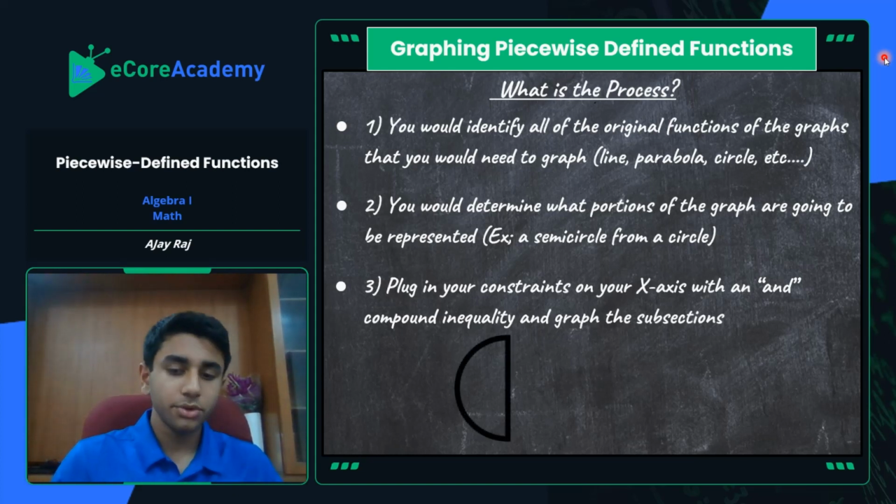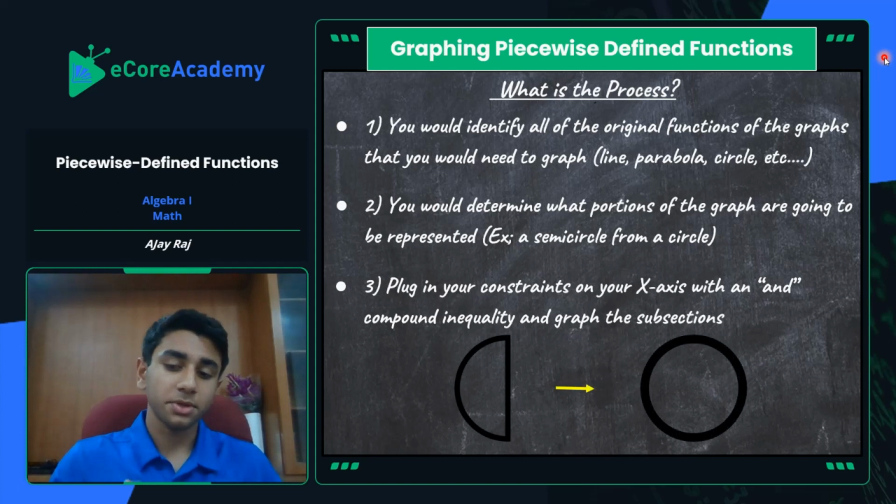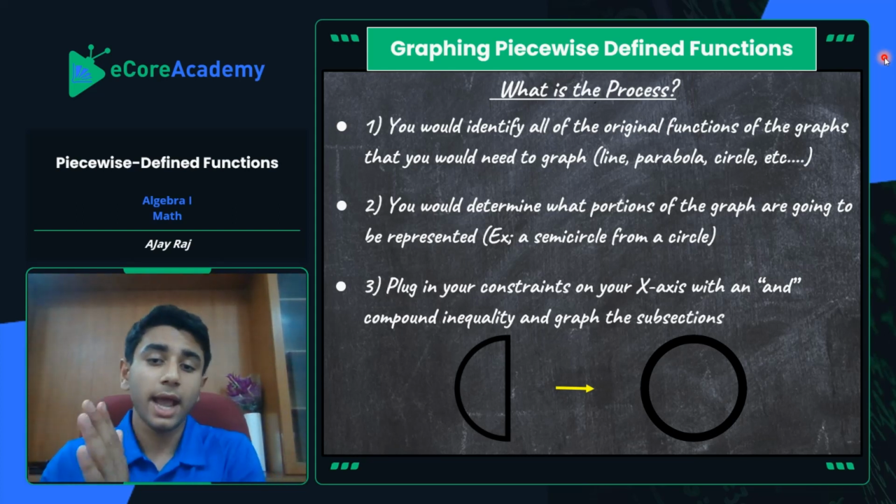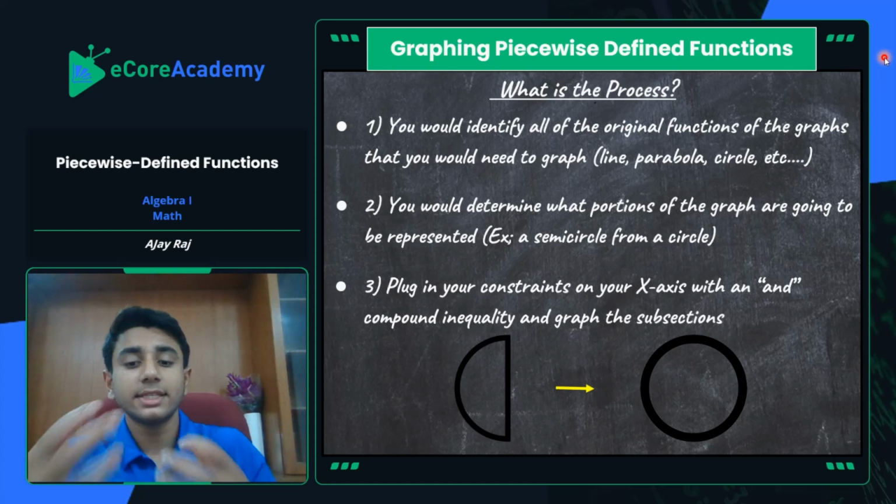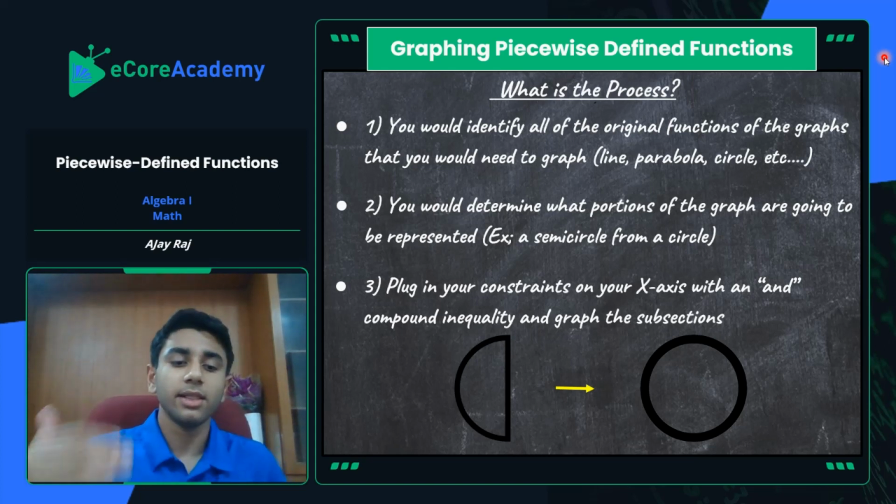So, just as an example, you take that original circle, create the graph of it, x minus h squared plus y minus k squared equals r squared. You take that original graph, and then you add a constraint to it to make it a semicircle. And we'll get into that in the last slide, especially with complex figures.